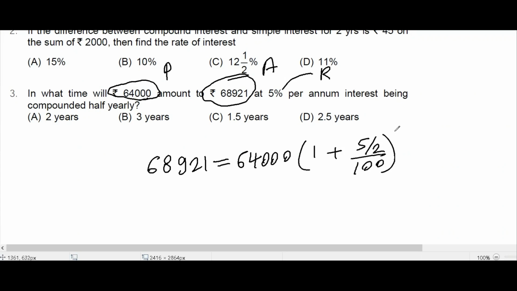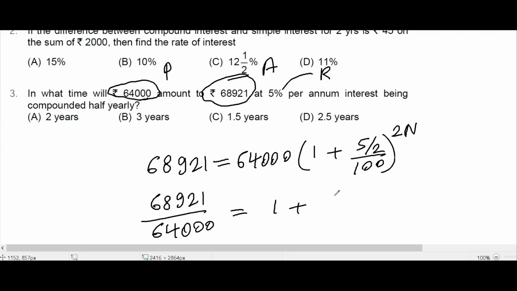and then time is what we need to find, so it will be 2n. So this we have to calculate. First, 68921 divided by 64000 is equal to 1 plus 5 upon 200 whole to the power of 2n.